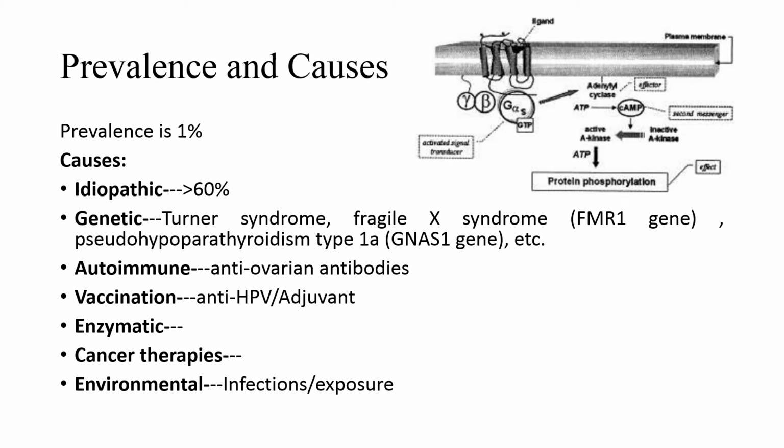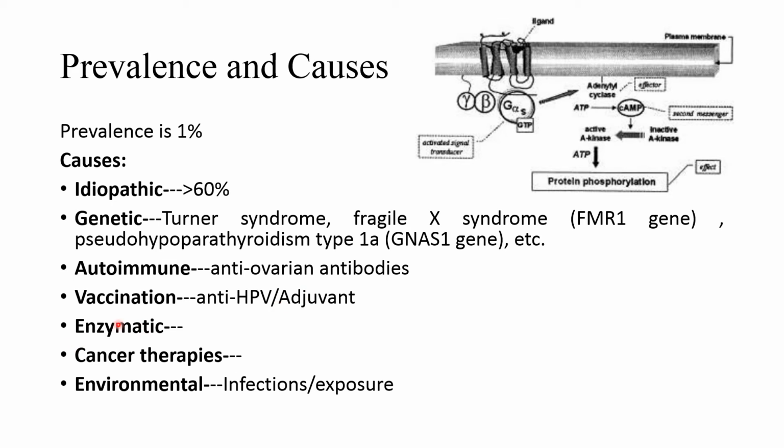The vaccination against human papilloma virus that may cause sexually transmitted diseases, and the vaccines are to prevent these sexually transmitted diseases, they were found to be associated with premature ovarian failure, or the adjuvant used in the vaccine may affect the ovaries, and they may develop premature ovarian failure.